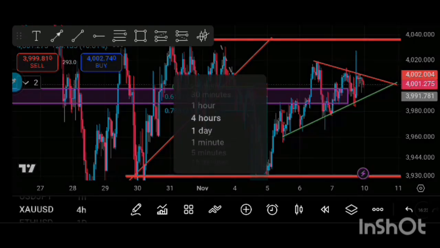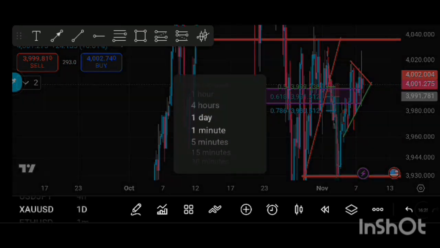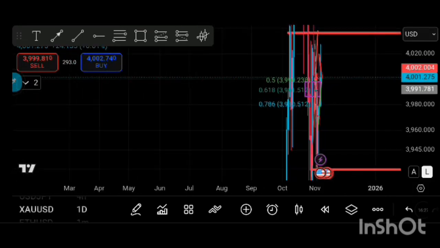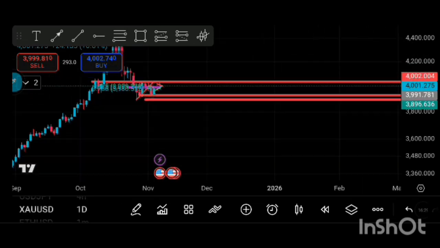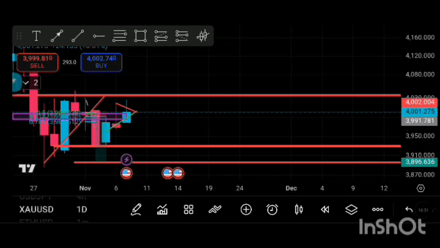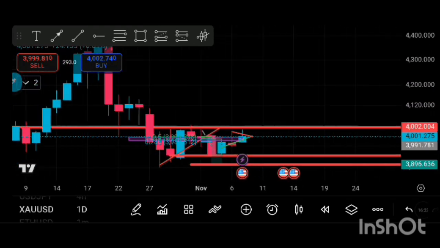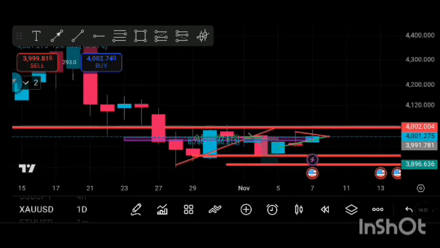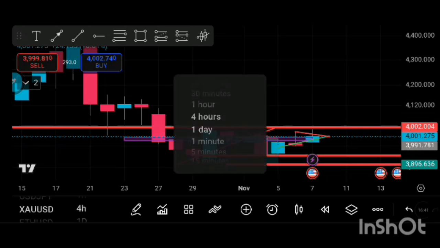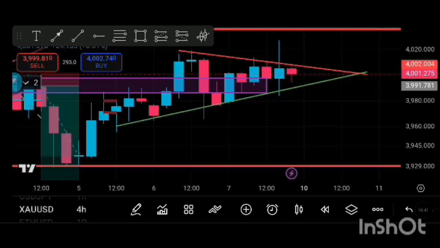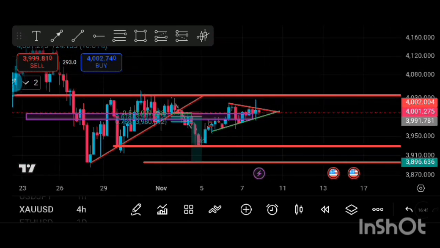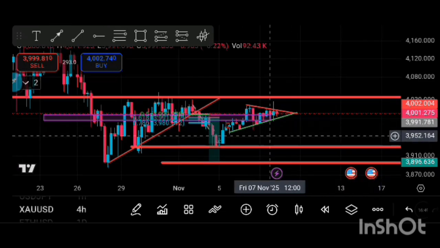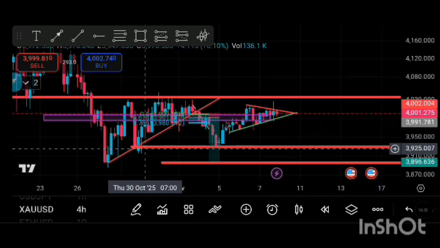So obviously we go to the daily time frame. And on the daily time frame we see nothing. Don't force what you don't see, guys. So move down, and then as you can see now on the 4 hour time frame, you can see something: 1, 2, 3.